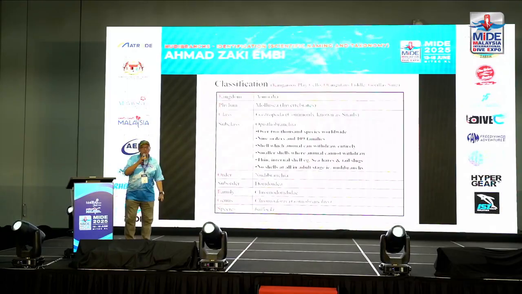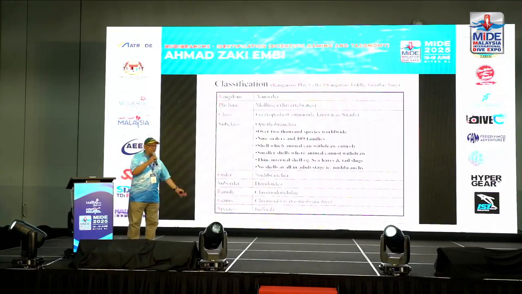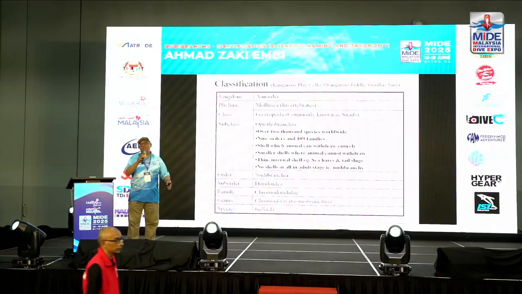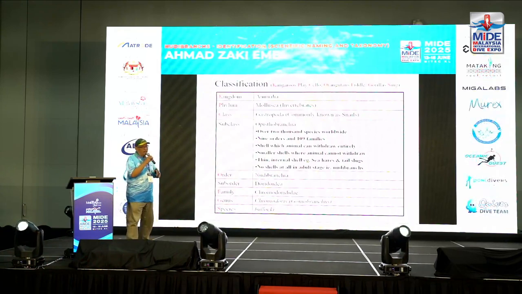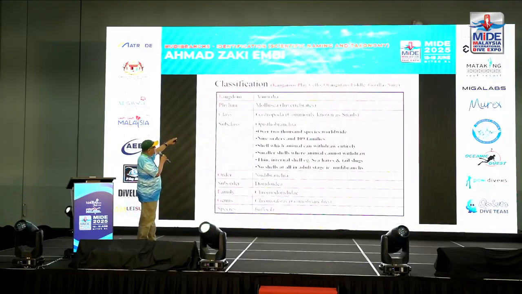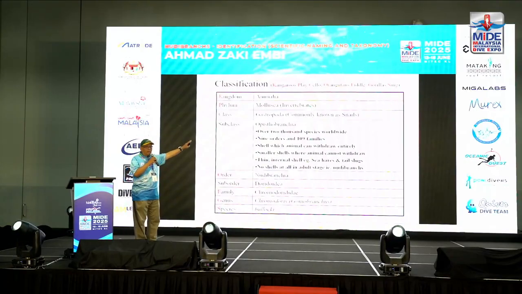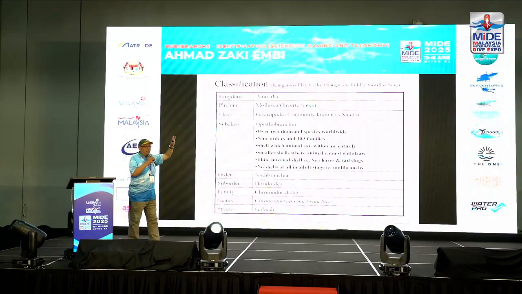Right. How do you classify nudibranchs? Like all living things on Earth and plants, you have classification, and it's binomial nomenclature. It starts with kingdom Animalia. How many people know how many kingdoms there are?